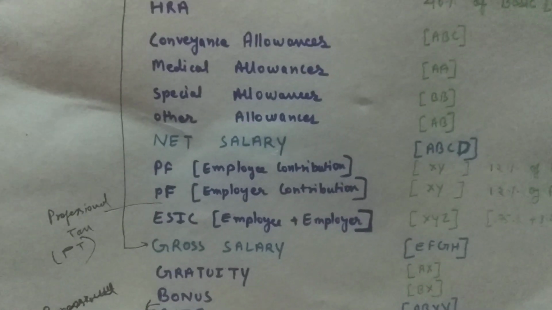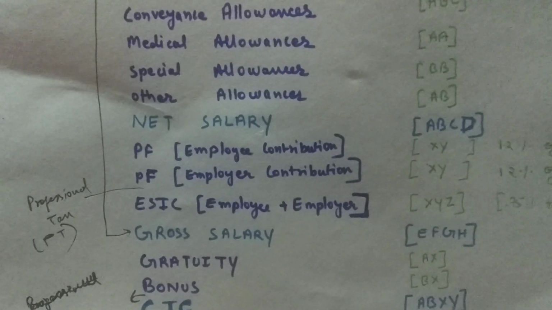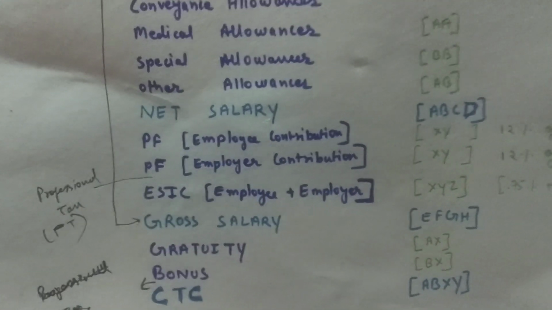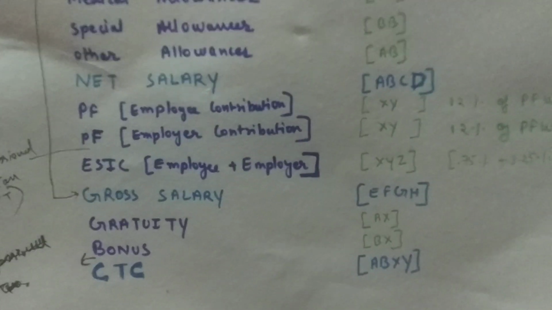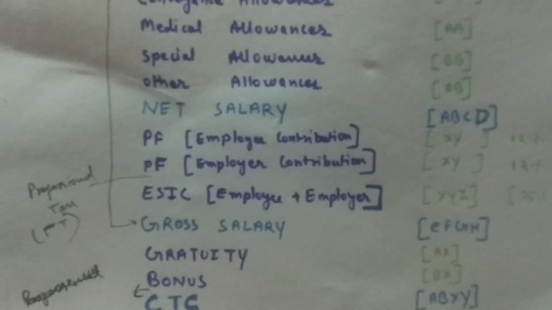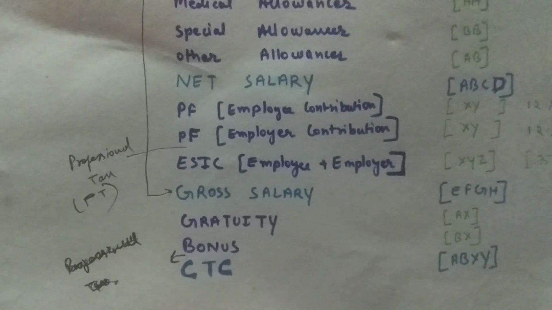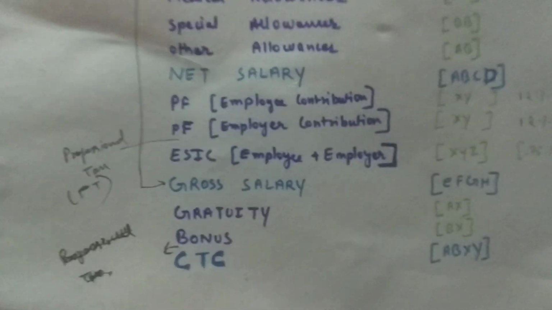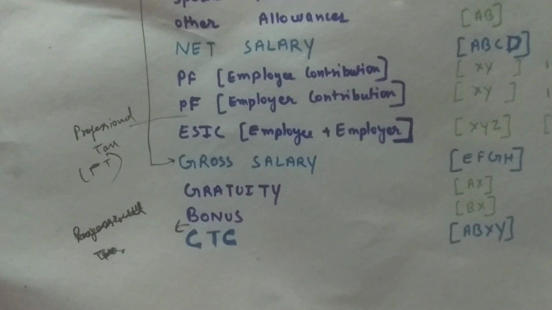If there are certain investments like 80C, 80D, 80E, section 24B, investment under section 24B, 80EE. So because of these investments, जो professional tax है employee का, it will get reduced, it will get waived off to a certain limit.